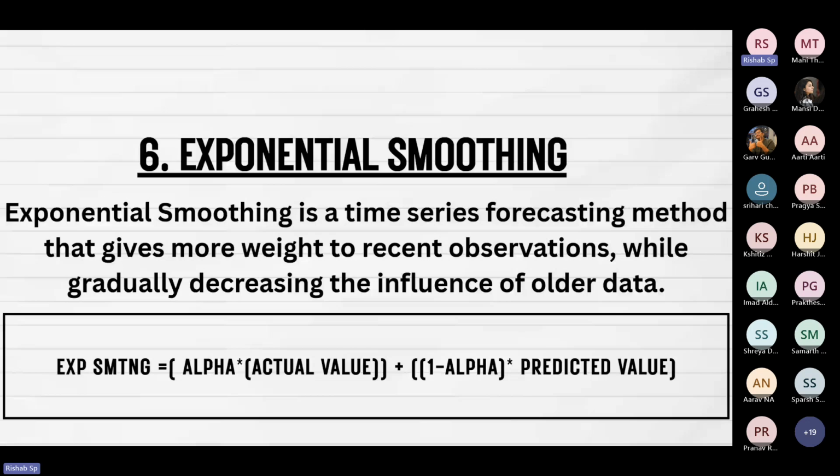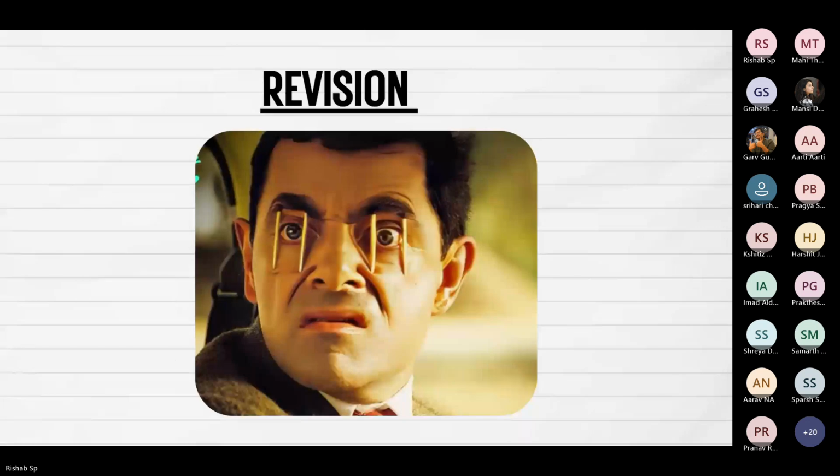So till now, initially we discussed forecasting, types of forecasting, methods of forecasting. Then we dived deep into the two types of forecasting, regression and time series analysis.